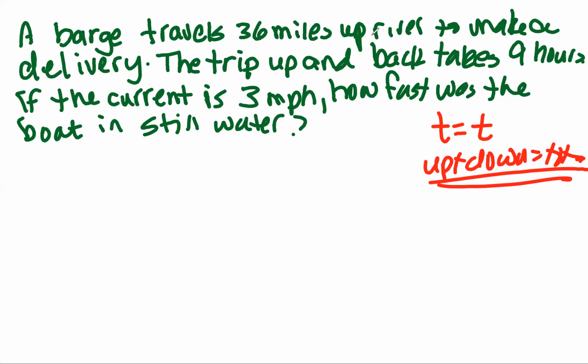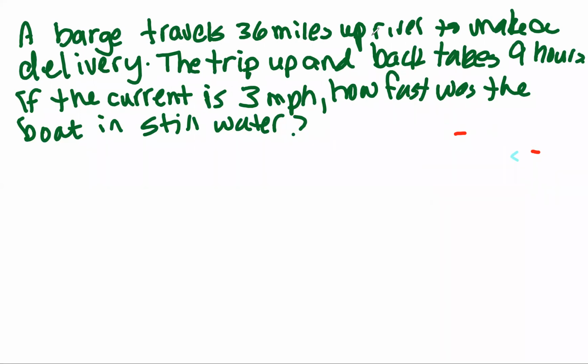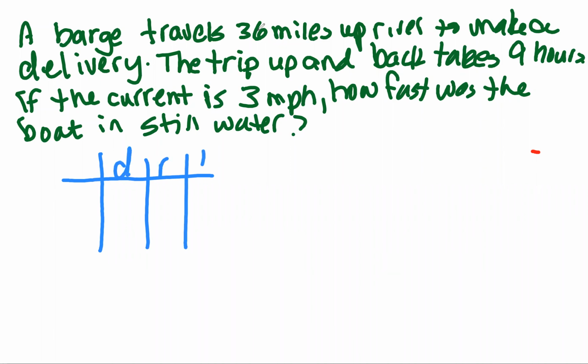Generally, when I'm working this problem, I'm going to set up a table that will help me organize my thoughts. I would set up a table where your variables go across the top: distance, rate, time, and upstream, downstream.